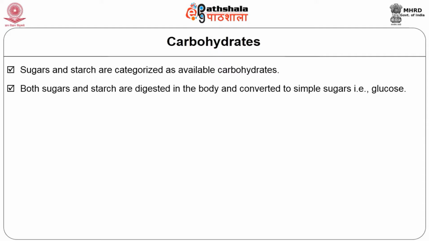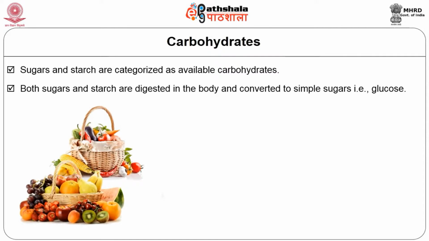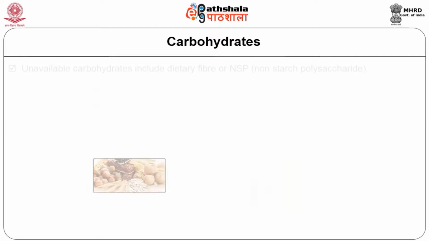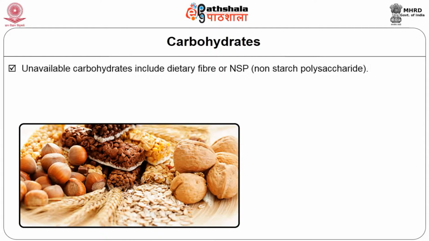Sugars are present naturally in fruits, vegetables, and milk, and are also added to many processed foods such as confectionery, cakes, and biscuits. Starch is found in foods such as bread, cereals, and potatoes. Dear students, the other form of carbohydrates are unavailable carbohydrates.